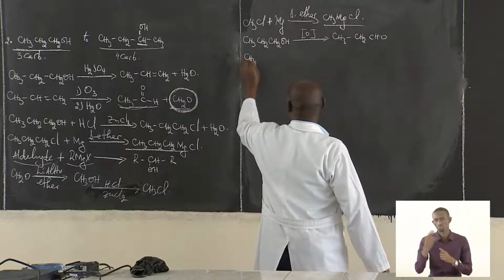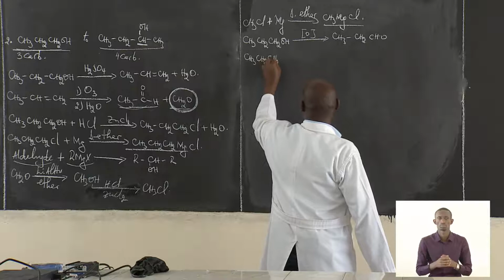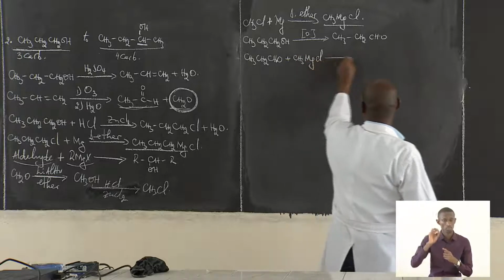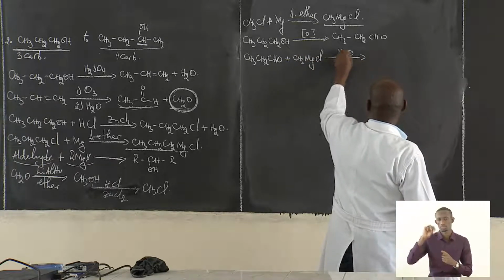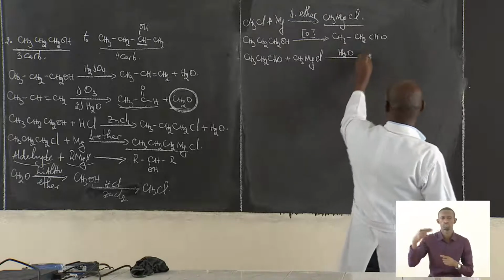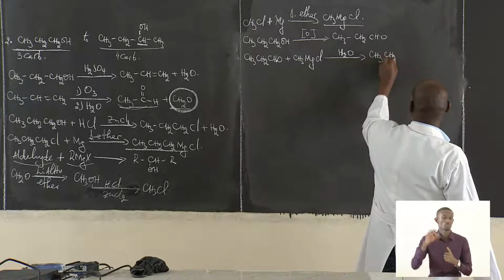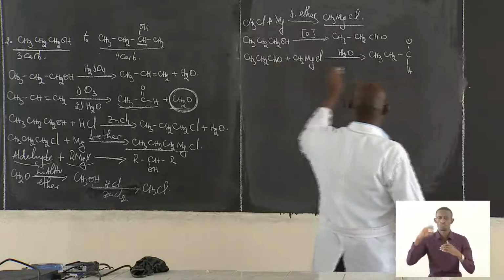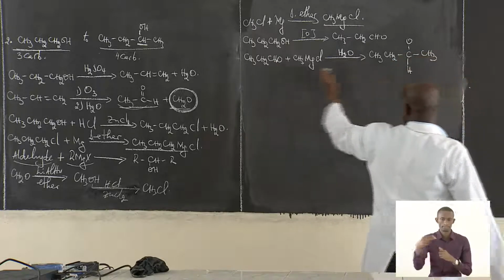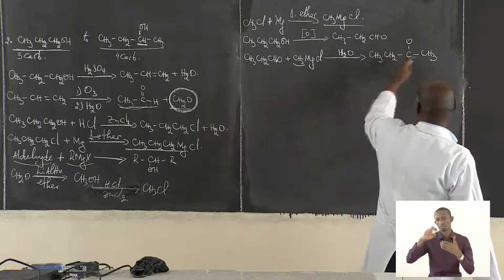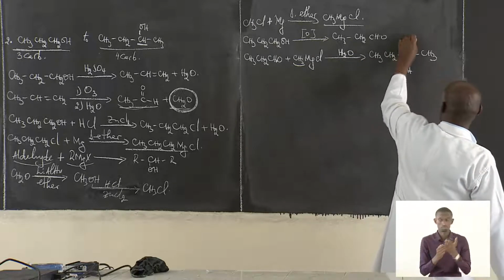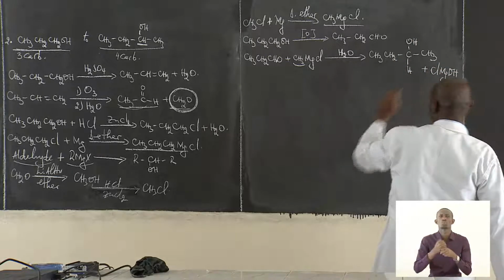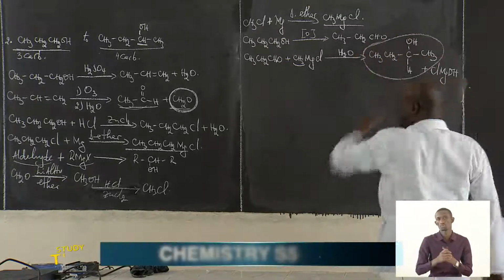And the CH3CH2CHO, if we add CH3MgCl, and we treat the product with water, we get CH3CH2CH(OH)CH3, with the hydrogen from the aldehyde and the CH3 from this Grignard reagent, and because of the treatment with water, we produce the alcohol plus a byproduct which is magnesium chloride hydroxide. So we have our final product.